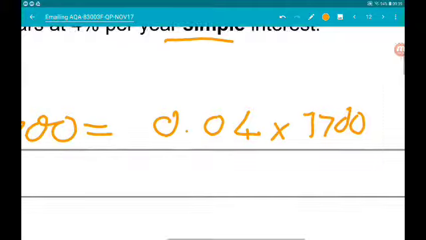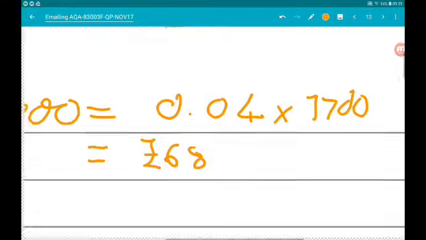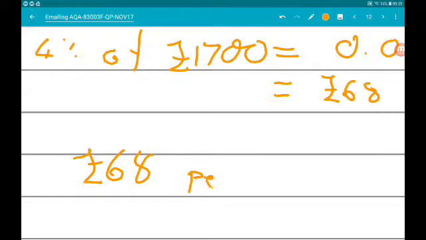So however we do it, we should get 68 pounds. So that means we get 68 pounds per year.